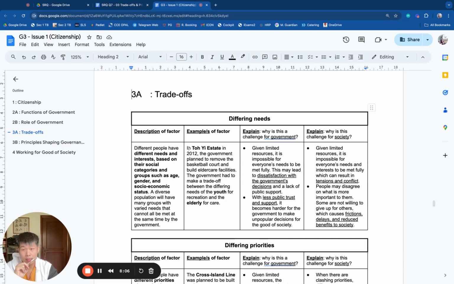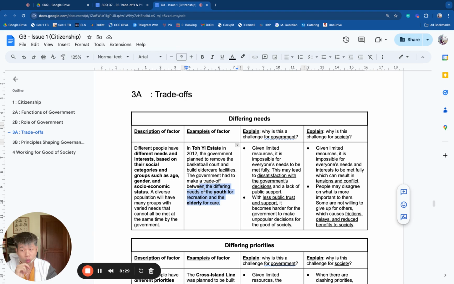We looked at the Toei estate case, where the government removed the basketball court and built elder care facilities in Toei estate. And we said that the youth felt that they needed exercise and a place for recreation, and the elderly felt that they needed somewhere where there would be facilities and staff to take care of their needs, right?